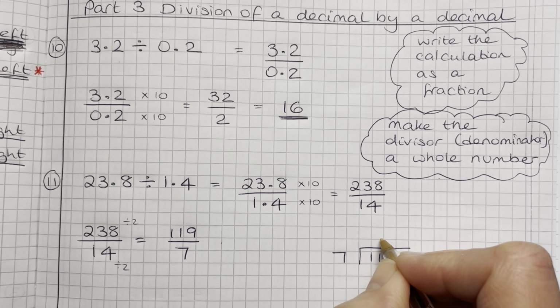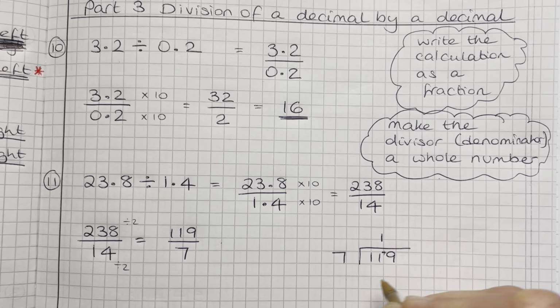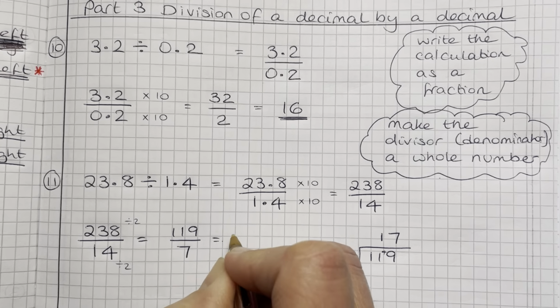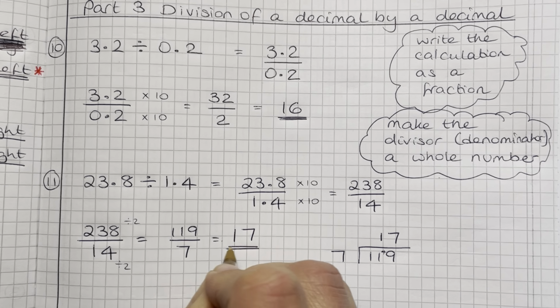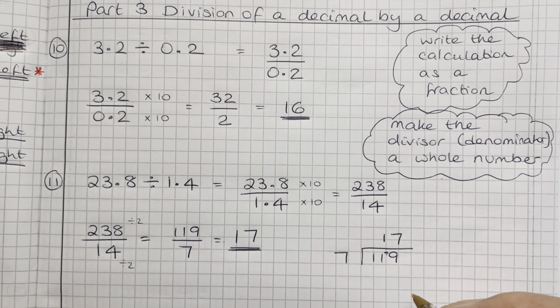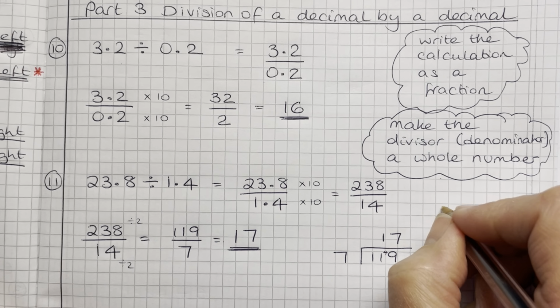7 goes into 11 once, remains a 4. 7 goes into 49 7 times. So I get an answer of 17. Okay, so let's just put our last learning bubble here.